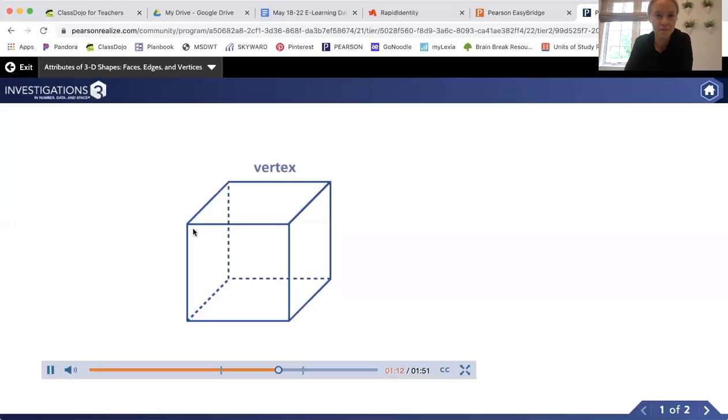A vertex is the point or corner where 3 edges or faces meet. How many vertices does a cube have? We know vertices is the corner, so let's count all the corners. 1, 2, 3, 4, 5, 6, 7, 8.